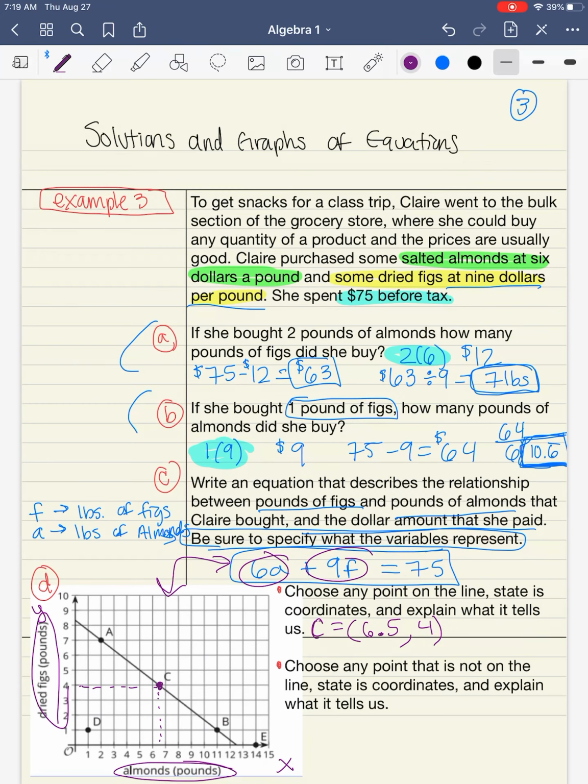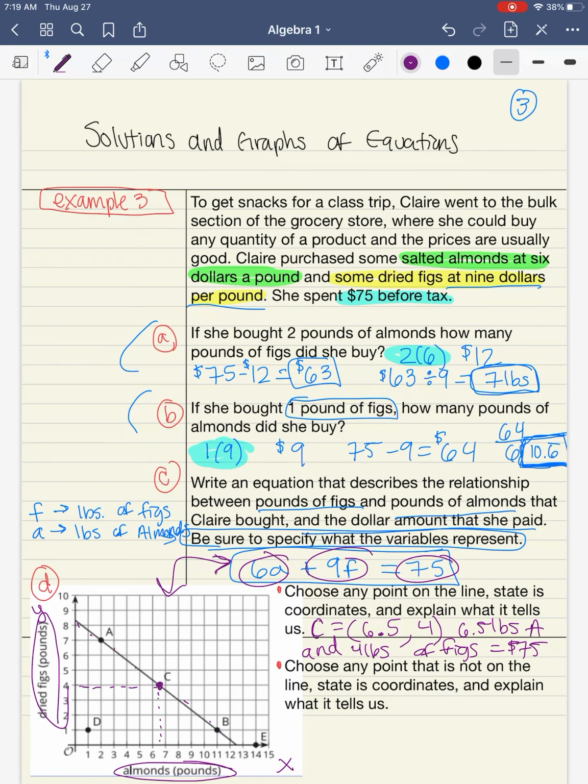And what do these almonds and figs always equal? $75. So this must mean that if she buys 6.5 pounds of almonds, I'm going to put A for almonds, and 4 pounds of figs, she'll spend $75 exactly, because it's on that line that represents the solutions to this equation.